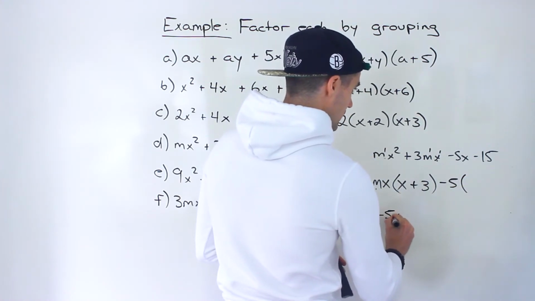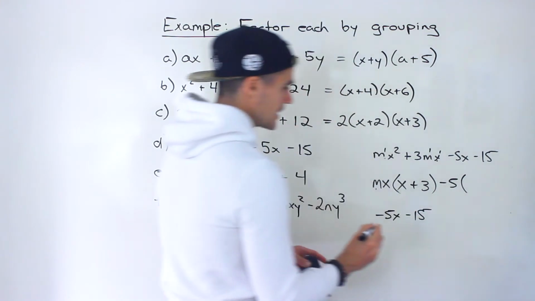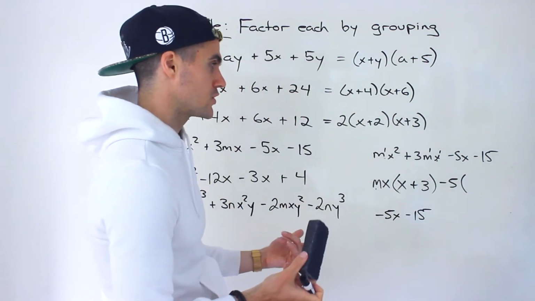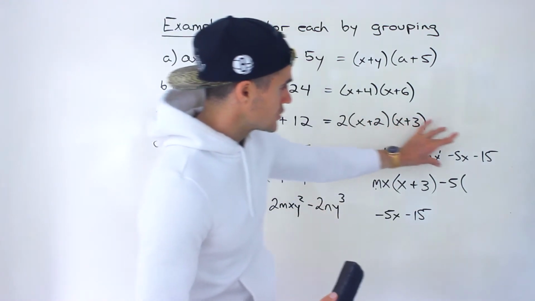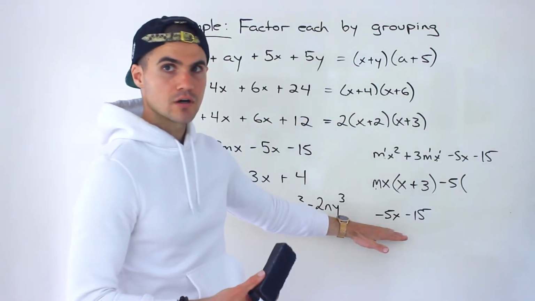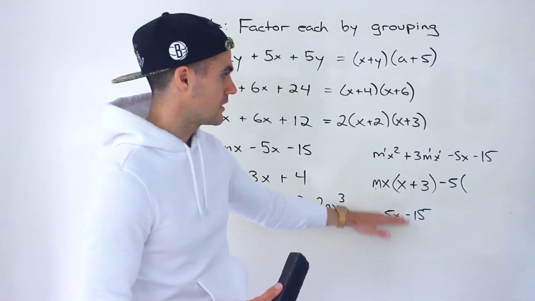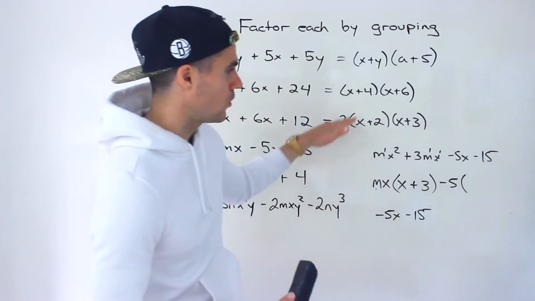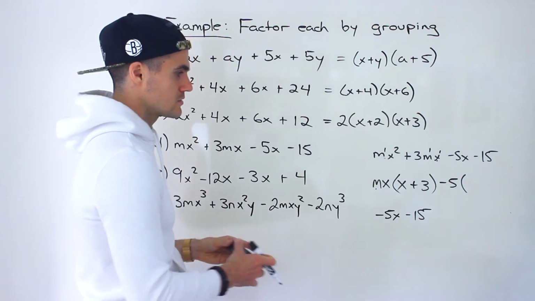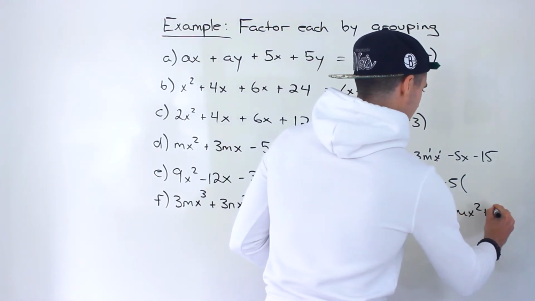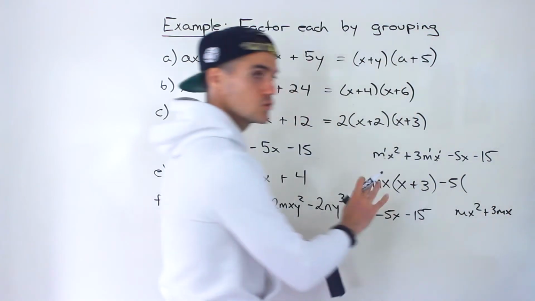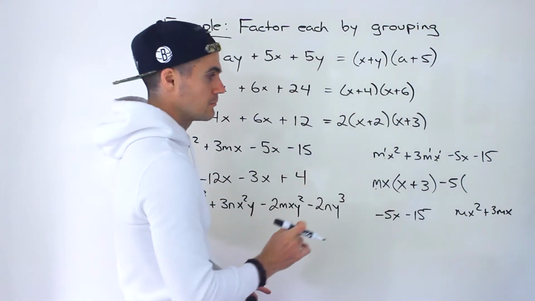Let's actually write it over here. Especially when you're starting out, it might be worth it to take both of these expressions separately and write them out on the side, so you're not getting too mixed up in the whole scenario. Just factor this and then factor this. You could treat it as two different questions and then combine them in your work.